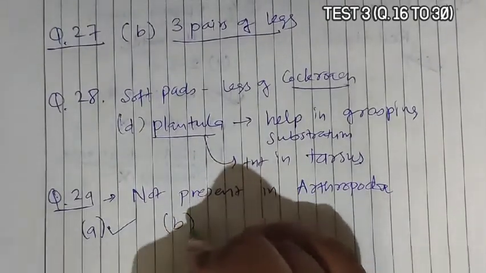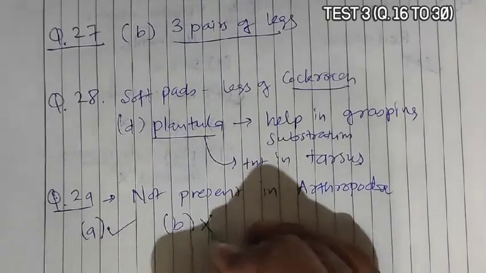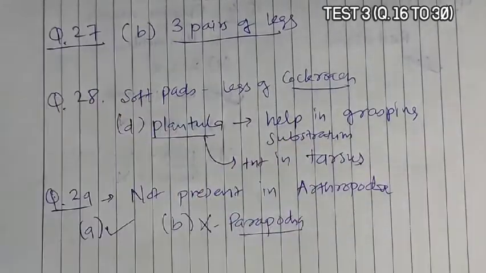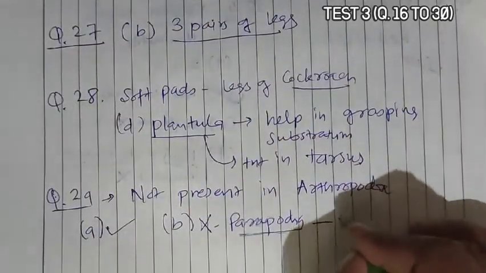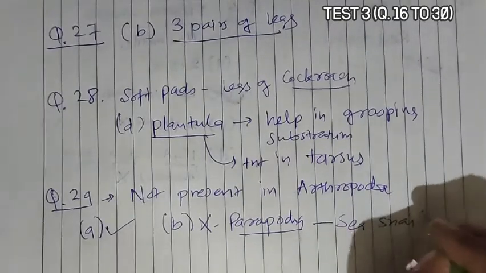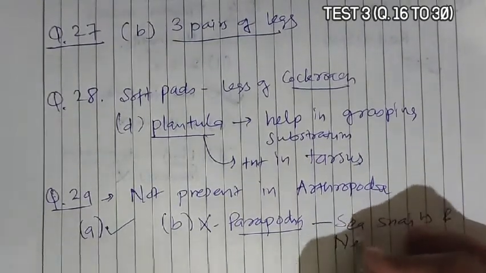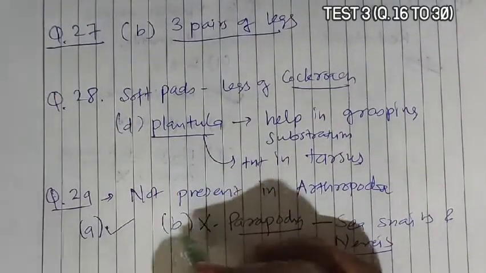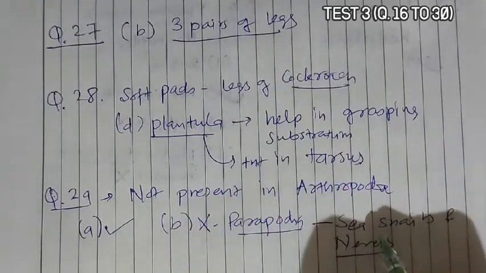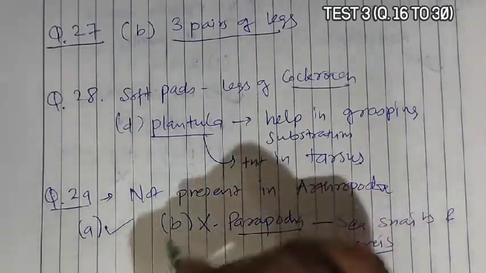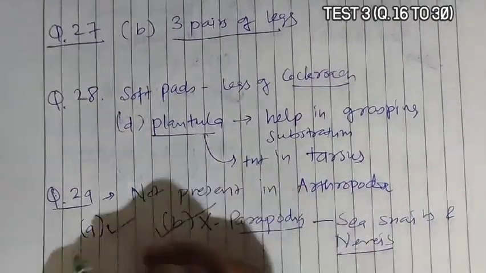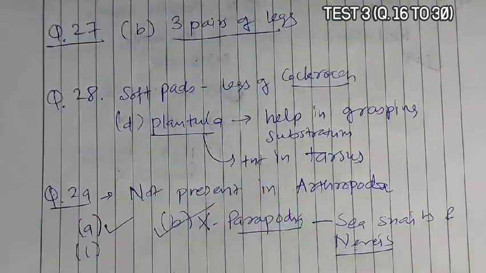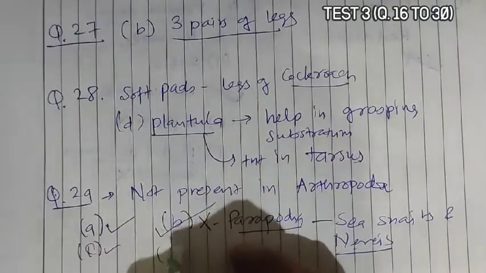Option B, arthropods do not have parapodia because parapodia are the locomotory and respiratory structures which are found in sea snails and nereis. They are not found in case of the arthropod, so it is the correct answer. Option C is given as jointed appendages, and option D is chitinous exoskeleton, and those are found in case of the arthropods.